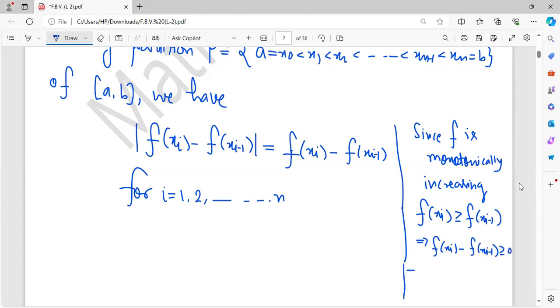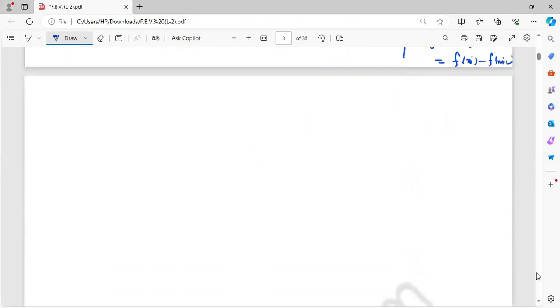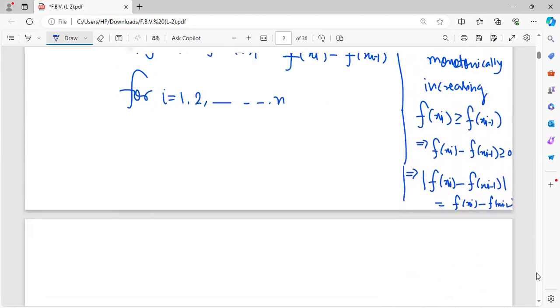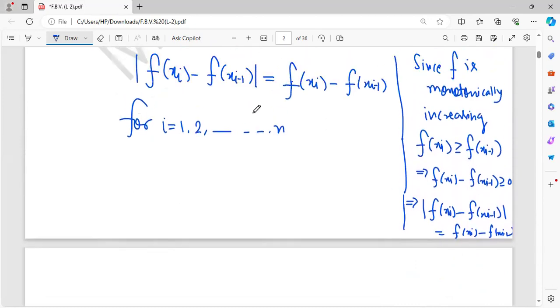Once you have a non-negative quantity, the absolute value does not affect it. It will remain as it is. So that is why this is happening.